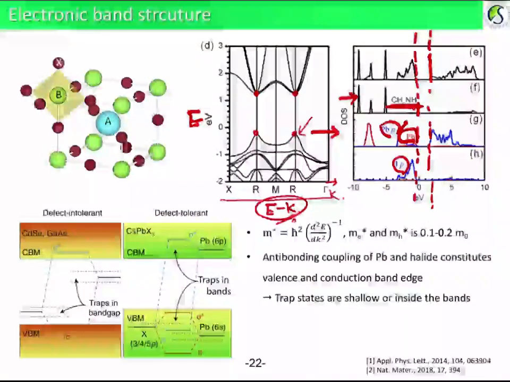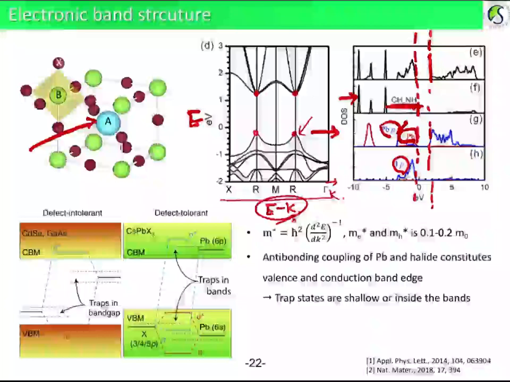So it means that although we change the A cation, it should not directly contribute to the band edge state, which is closely related to the charge carrier property of the perovskite material.